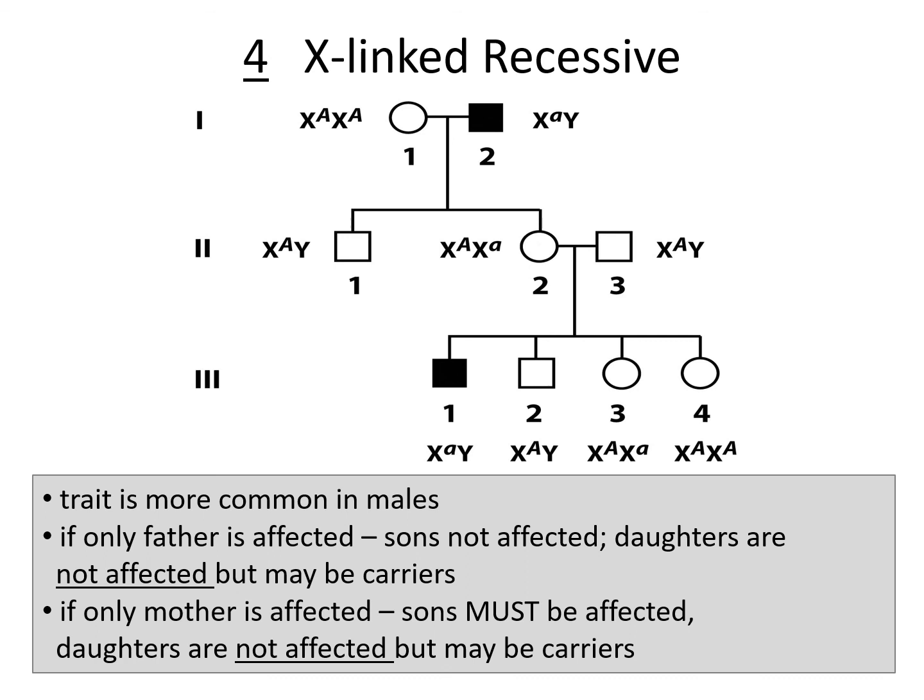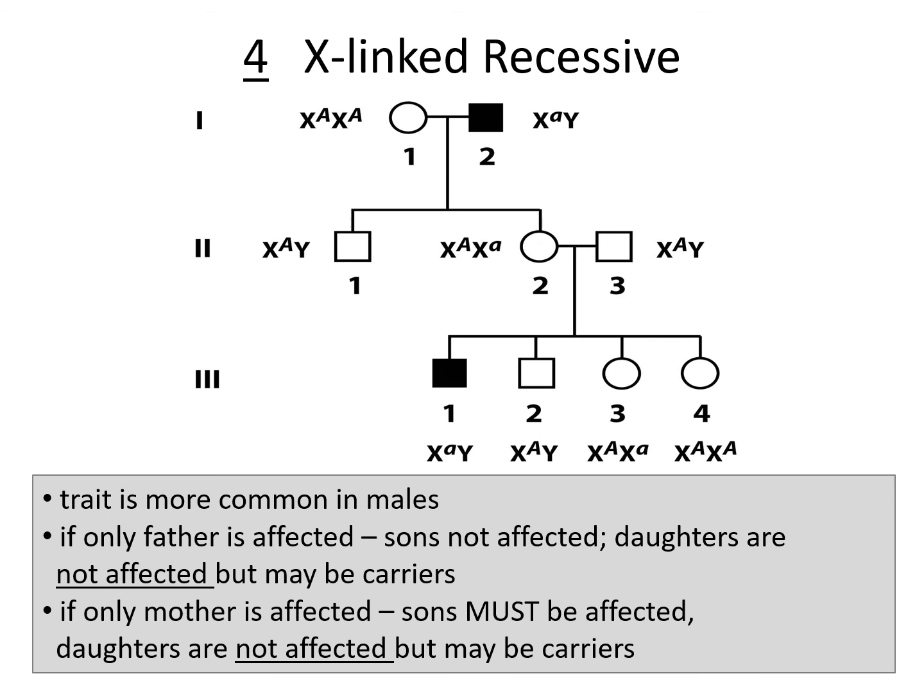Number 2 is a male, and remember the male is going to be XY, so that's the way you have to write it. There's only 1 X chromosome, and this particular male has a recessive form of that X. And that's going to produce some sort of condition or maybe a disorder, maybe color blindness, for instance, something like that. So this individual is showing that phenotype, they're showing that trait.